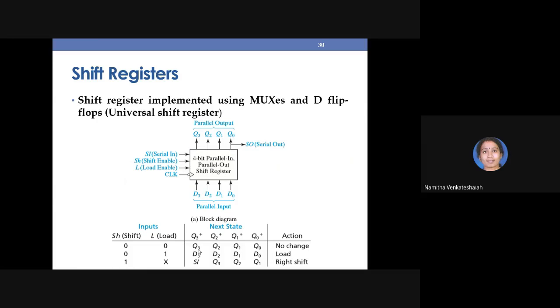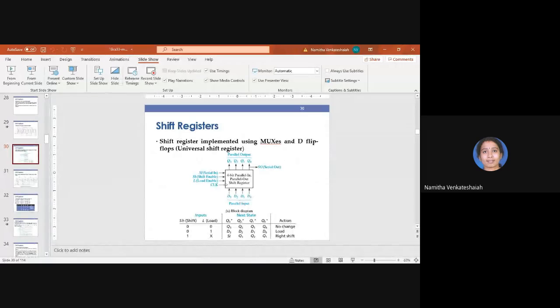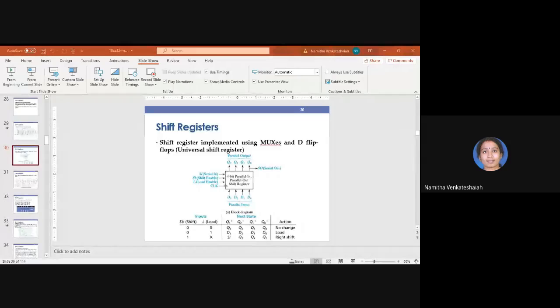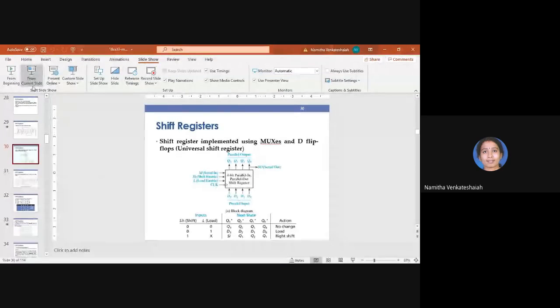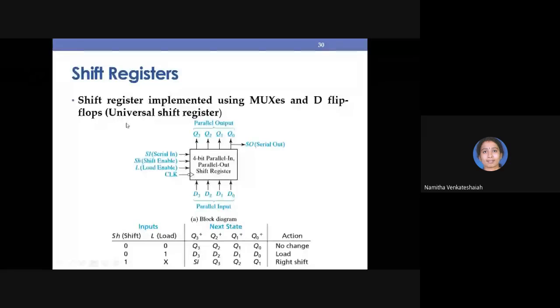So the next thing is the shift register implemented using muxes and D flip-flops. We call it the universal shift register. The symbolic representation of this universal shift register is as follows. So look here, in this rectangle we have written 4-bit parallel in, parallel out shift register.